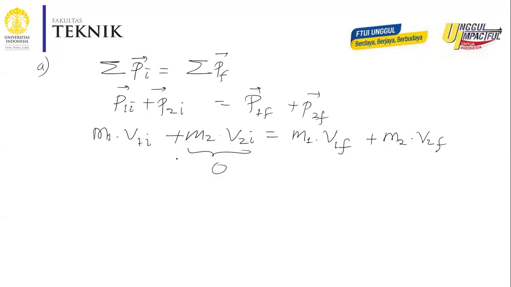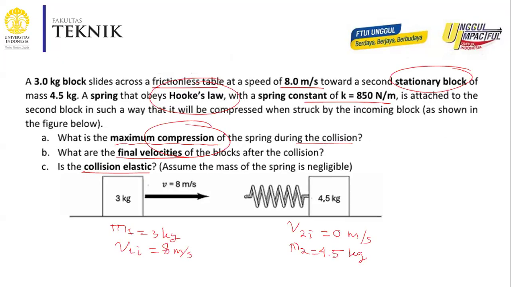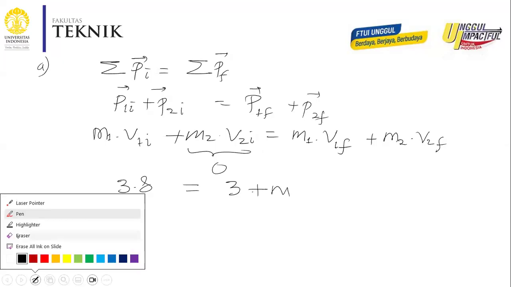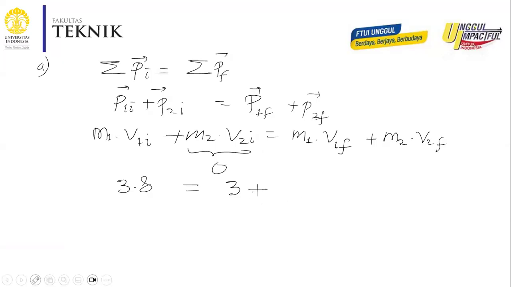And this one becomes 3 times 8 equal to mass 1, 3, plus mass 2, which is 4.5, since after the collision they stick together, times the final velocity.